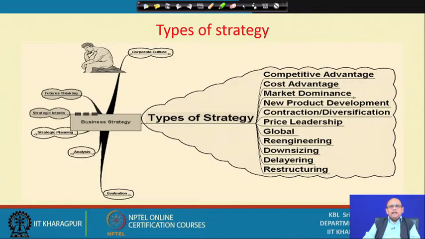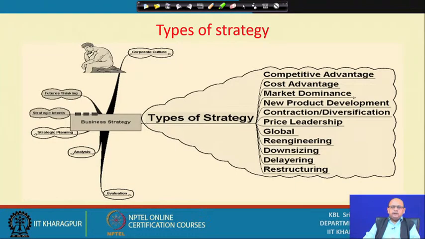You might have a growth strategy when you want to grow and expand. You want to go for diversification, either in related areas or unrelated areas, right. You want to go for new product development, you want to dominate the market, you want to compete on the basis of cost, right. You might be moving towards price leadership, or what we call cost leadership, or you want to go for cost advantage, right.